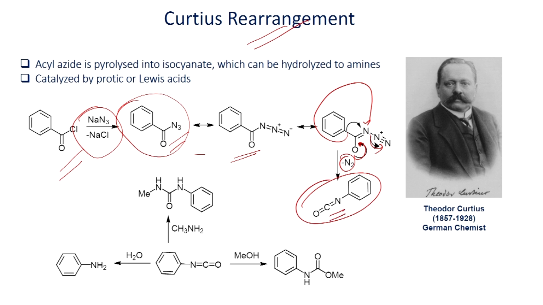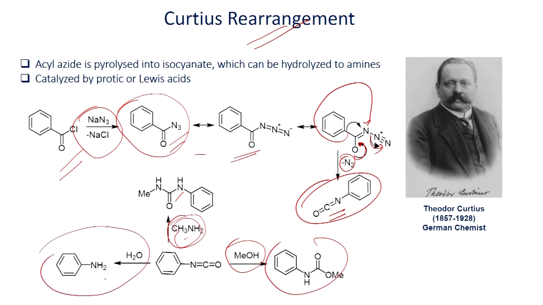Once you form the isocyanate, as we just saw with the Hofmann rearrangement, you can react with different nucleophiles. For example, you can react with an amine to get the urea, with methanol you will get the carbamate, and similarly with water you will be able to get amine. The difference between the Hofmann and the Curtius rearrangement is that in the Hofmann rearrangement the starting material is an amide.